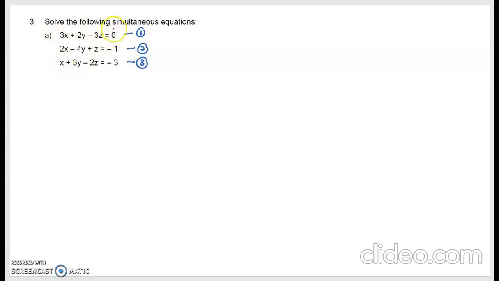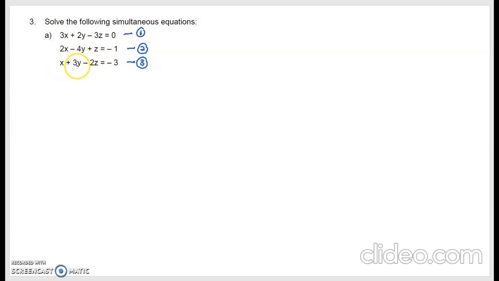From here, you can choose equation 1, 2, or 3. It's up to you. But we will try to choose the equation that will make our life easier. Let's say I want to put x as our subject. So based on these 3 equations, definitely I will choose equation 3. Why? Here is already x.